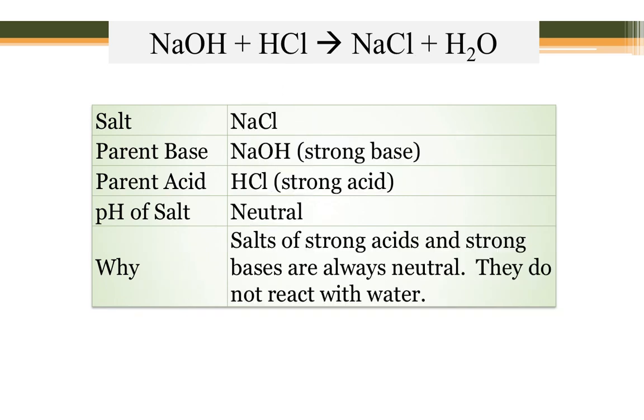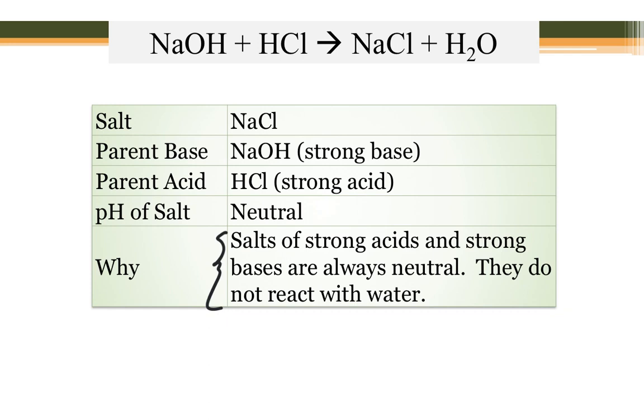Here it is written out for you, and down here is really the why. Salts of strong acids and strong bases kind of cancel each other out, so there's no part of the salt that reacts with the water, producing additional hydronium or hydroxide ions. So NaCl is considered a neutral salt.